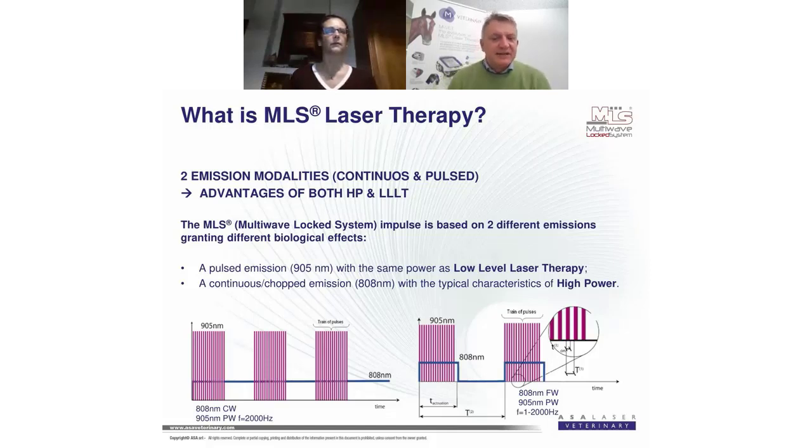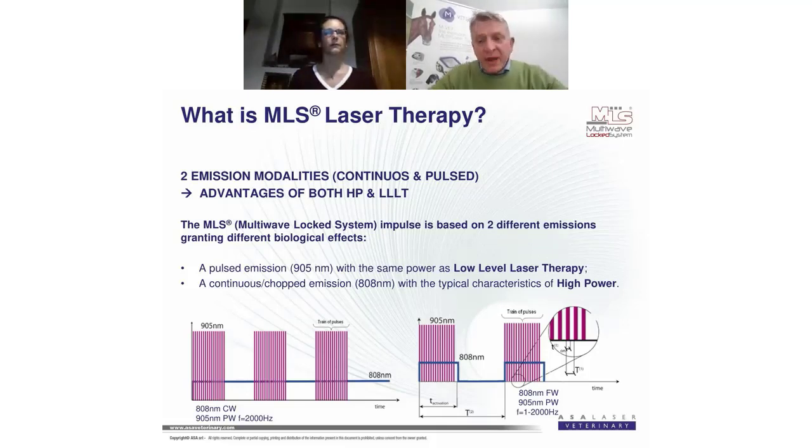In the modality on the right, there are packages composed of pulses and continuous wave, okay? And the frequency that you see in the protocols is how many of these packages we send in 1 second.